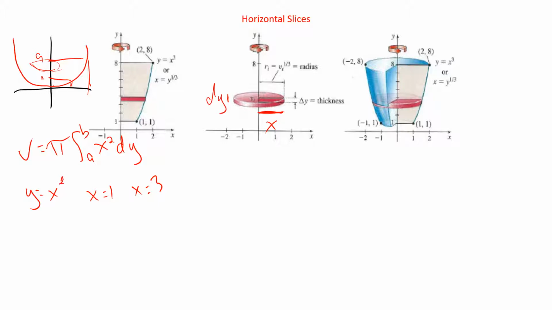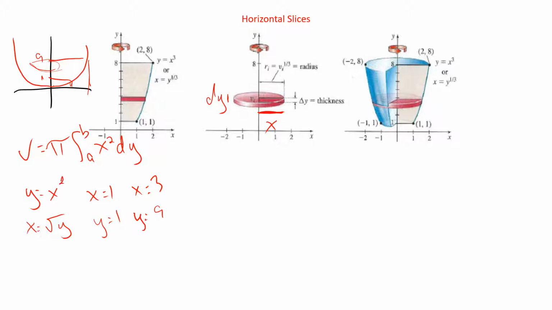So in order to solve for things, we know that y equals x squared. That means x equals the square root of y. And then y goes from 1 to 9. A lot of times the bounds will actually be given as y values, but just in case, you can always find them.